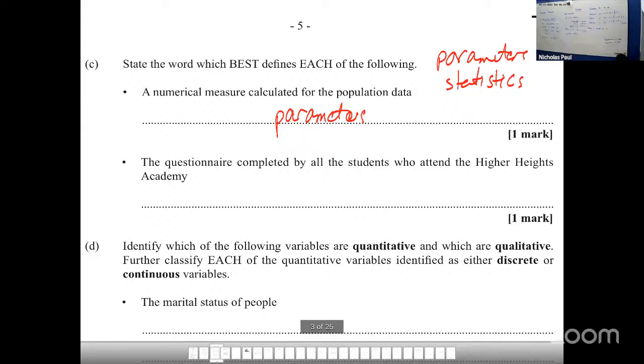So parameters is a numerical measure calculated from the population data. Statistics is a numerical measure calculated from sample data.